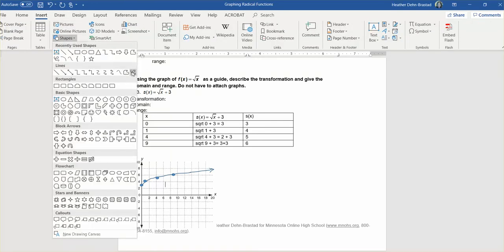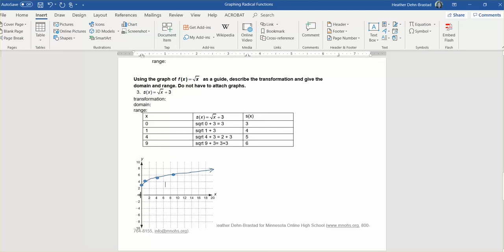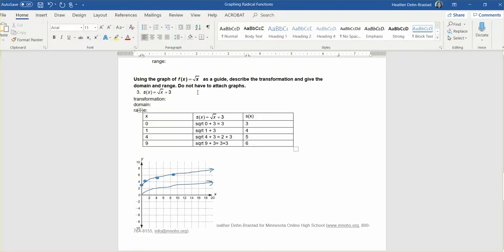The parent function starts at 0, 0, and at 4 it's at 2, and at 9 it's at 3. So it's just like that, but lower. So that can help you see that the translation is up 3.